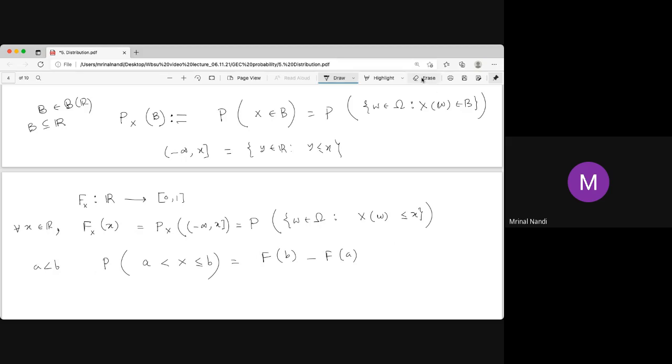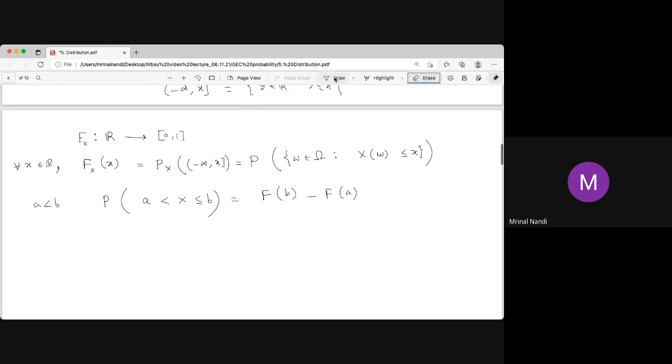Why is this easy? By definition, what is F of b? It is the set of all omega belonging to capital Omega such that X of omega is less than or equal to b. And what is F of a by definition? The set of all omega belonging to Omega such that X of omega is less than or equal to a.